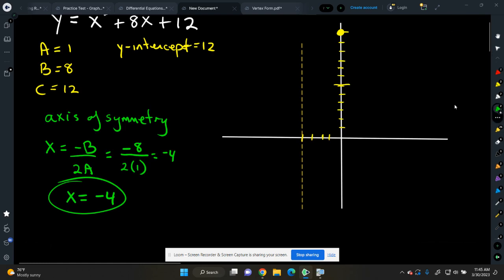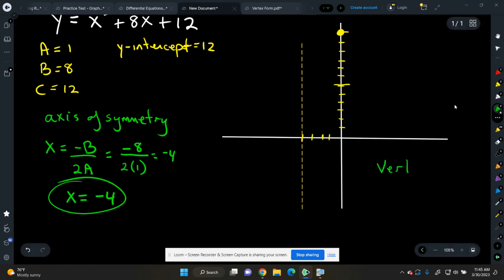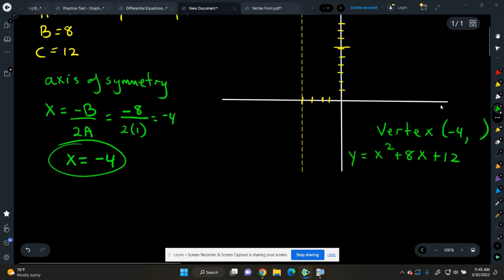Yes, now we have to find the vertex. Good. And we plug it in. Okay, we've got negative 4, and I need to figure out the y. So y equals x squared plus 8x plus 12. So we have y equals negative 4 squared plus 8 times negative 4 plus 12.